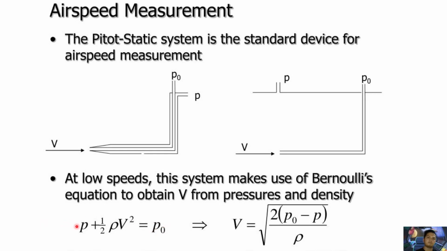That's why we have P plus 1 half rho V squared is equal to P sub O. Yung P sub O na yan is total pressure. Manipulating the formula, we can have velocity is equal to square root of 2 times P sub O minus P over density. Okay, yan yung formula natin to get the velocity from pressures and density of the pitot-static system.